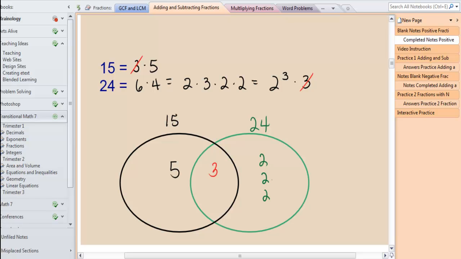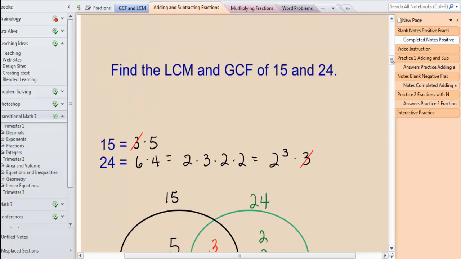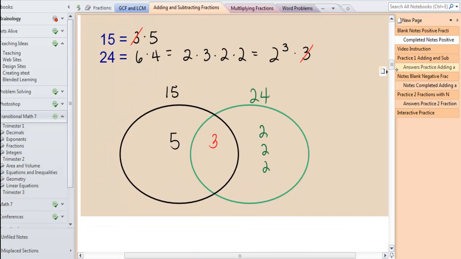So my greatest common factor is 3, but what we're looking for here is both the least common multiple and the greatest common factor. So the greatest common factor is pretty easy. For the least common multiple, do you remember what to do? We're going to multiply everything that we see up here.